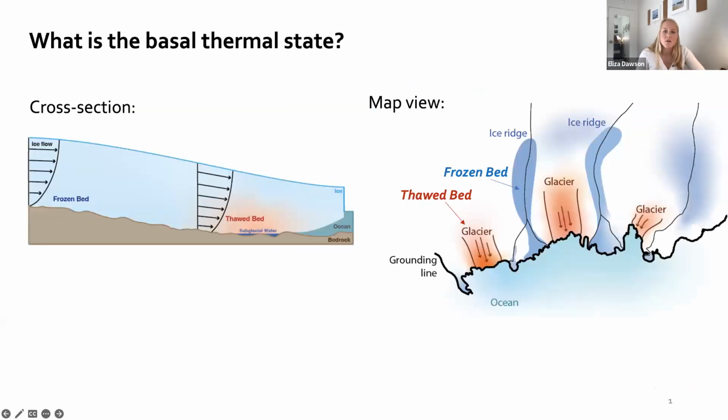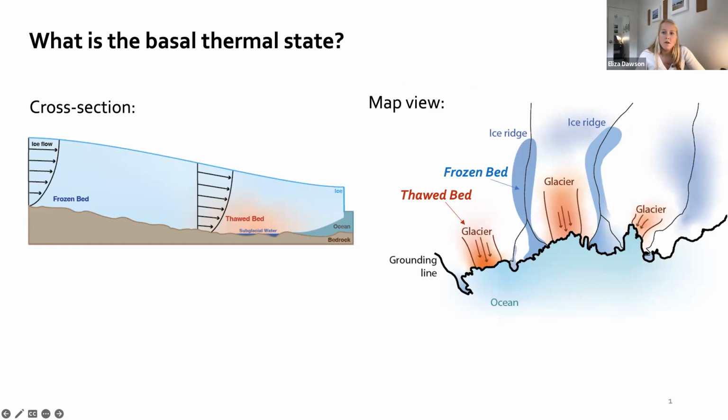So I'd like to start with what is the basal thermal state. Here on the left is an along-flow cross-section going from the ice flow interior on the left to the fast flowing ice sheet margin on the right.